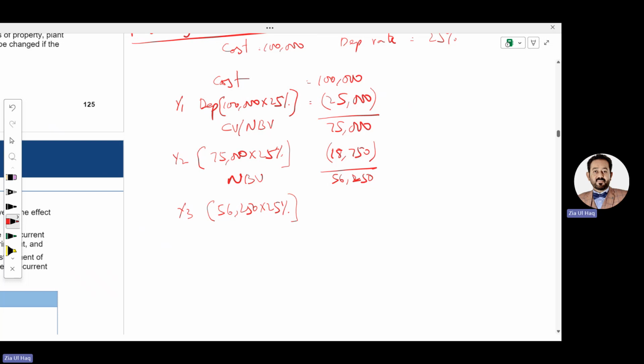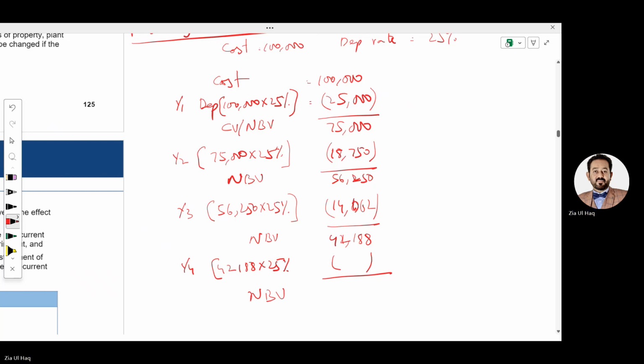What is that? 14,062.5 is fine. What is the net book value? 42,188. And next for year 4, we will charge depreciation on 42,188 times 25%, and we will calculate the net book value, and so on.